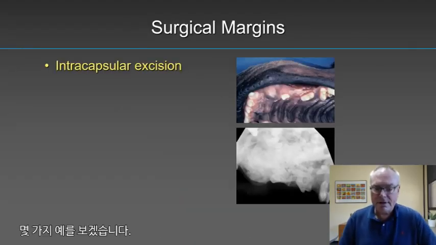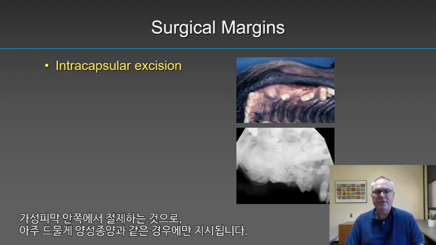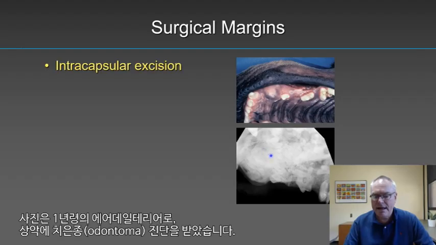So let's look at a few examples. This is an example of an intracapsular excision. An intracapsular excision is where you remove the tumor from its pseudocapsule, which is rarely indicated, and it's only indicated in the most benign of tumors. Here we see a 1-year-old Airedale Terrier with an odontoma of its maxilla.